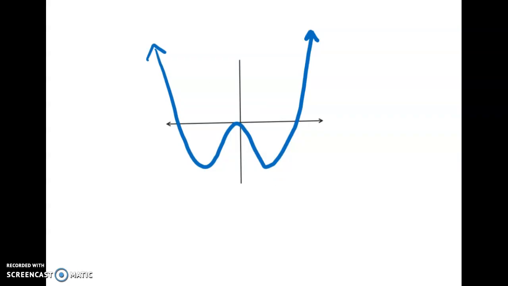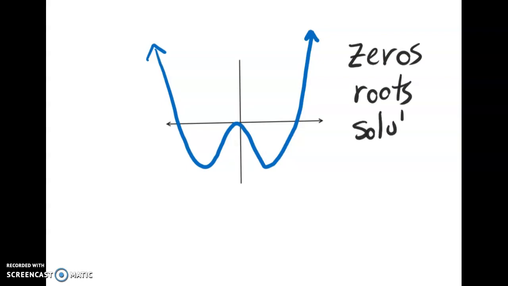So in order to find the zeros of the polynomial, or where it crosses the x-axis, the zeros are called the roots or the solutions. In order to find that, what you have to do is set the polynomial equal to 0 and solve for x.